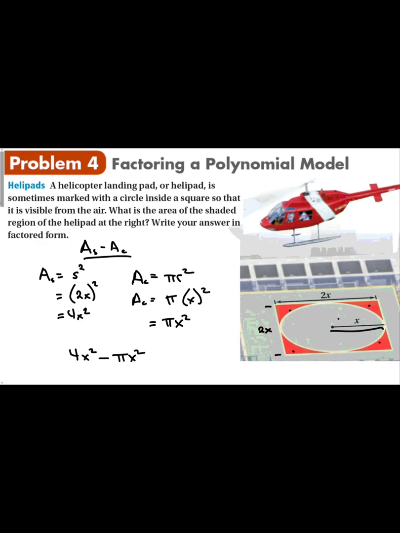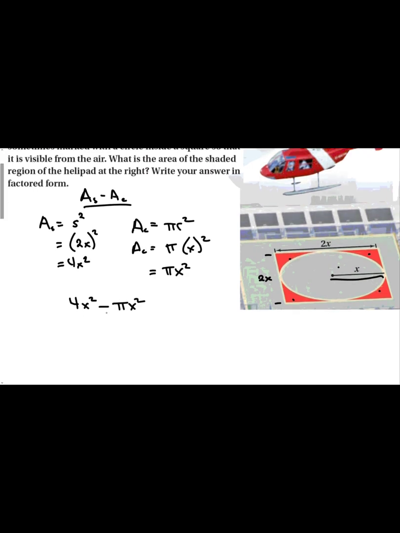So I have to factor out the GCF. And notice that they both have an x squared in common. So I can factor that out, and I'm left with 4 minus pi. And that's it. That's my expression. Right? We're not trying to solve it. We're just trying to write my expression for this particular figure.